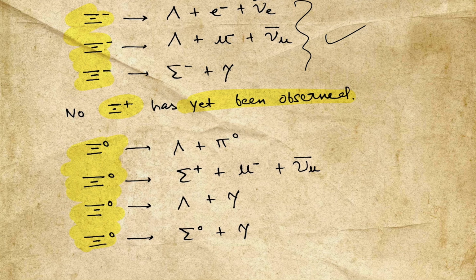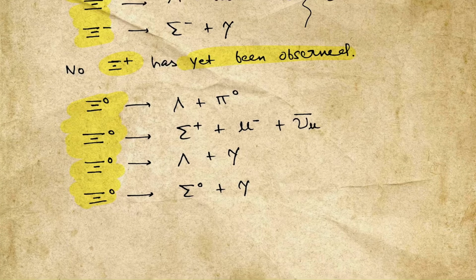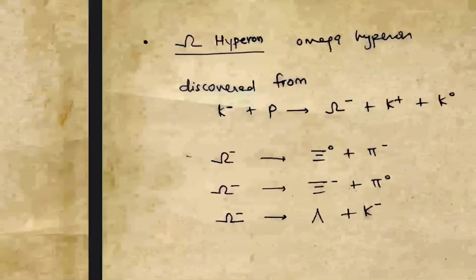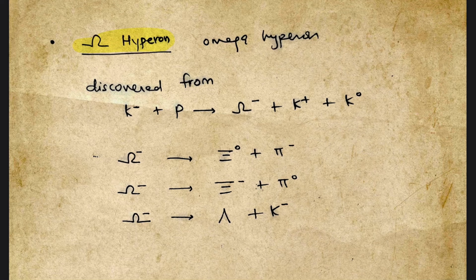So they are decaying in such fashions, and one hyperon may create another hyperon, or they may also create meson, and also leptons. So this is what happened. And in the last one we have omega hyperon.